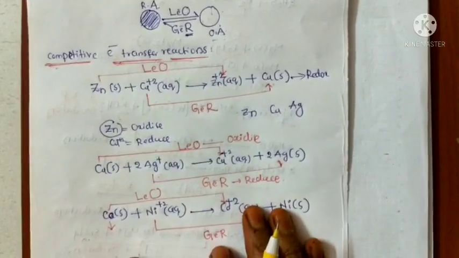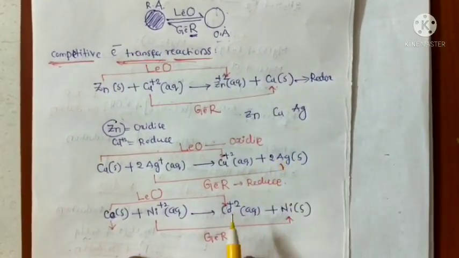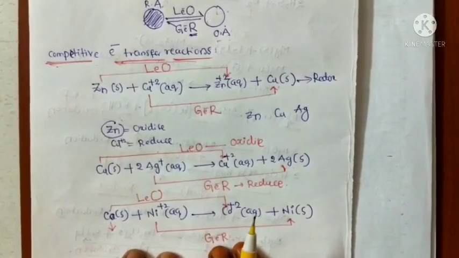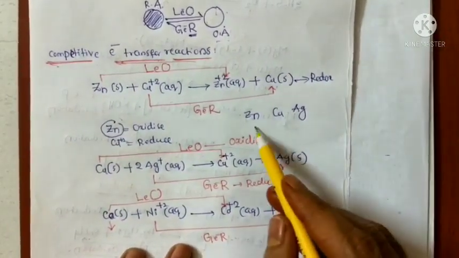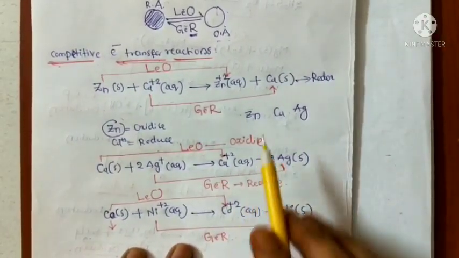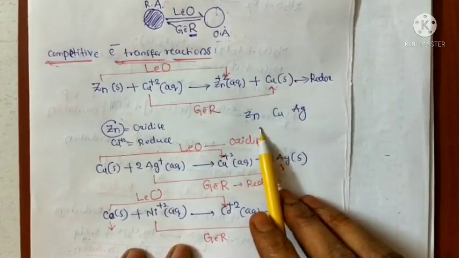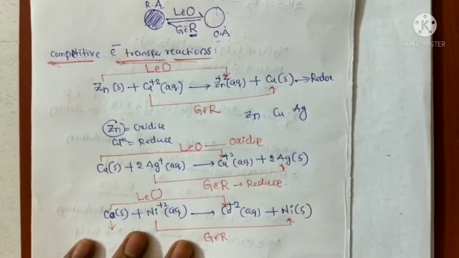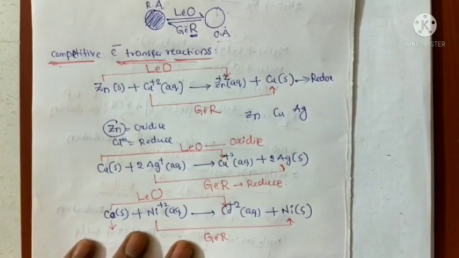The order of the donating capacity of electrons of metals is determined based on the electrochemical series. You will study that in second year in the electrochemistry chapter.